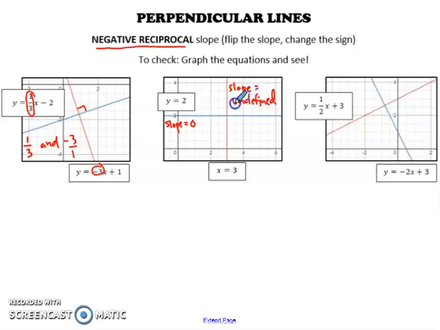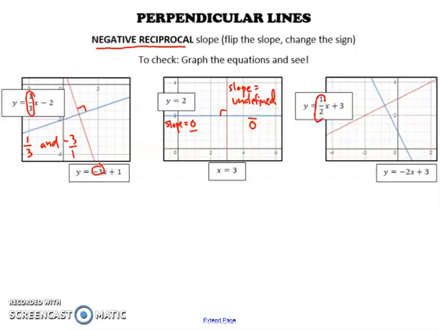So how are those reciprocals? 0 doesn't really have a sign, but undefined means that I'm taking some number and dividing by 0. Here 0 is the numerator, here 0 is the denominator. That's why those are reciprocals.